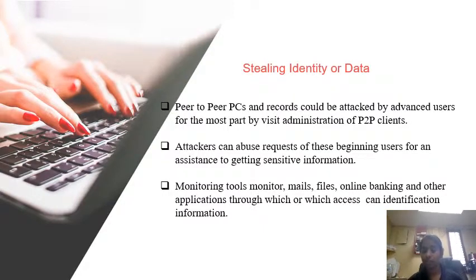They will check the mails, files, online banking and other sensitive information, and they can steal the information from the network. This situation can be overcome by allowing only authenticated users to see the sensitive information. But if an authenticated peer behaves badly, this could be considered a serious issue.